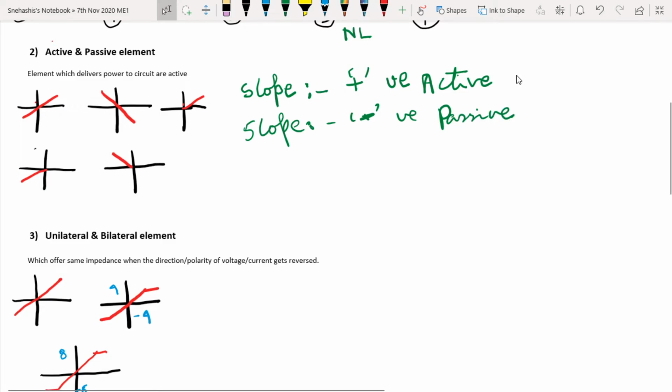Okay. So I hope there might be confusion, so I am repeating it again. Those elements where you look at the slope of the IV characteristics, obviously these are all IV characteristics or VI characteristics depending on the situation, same thing. Okay.